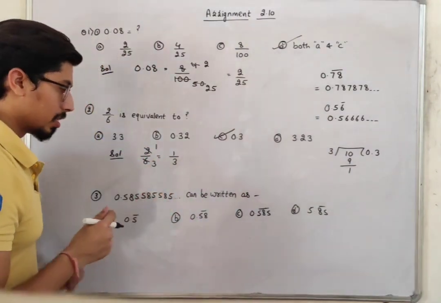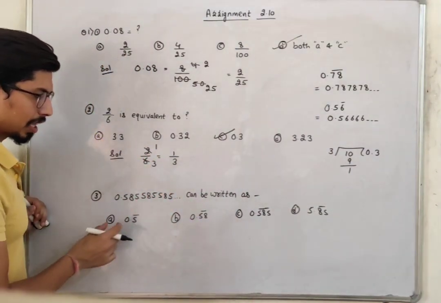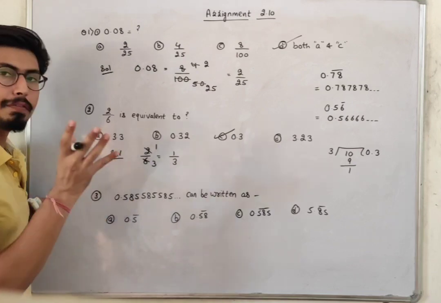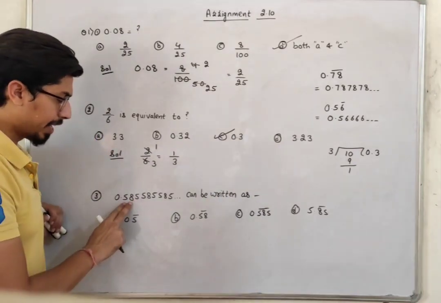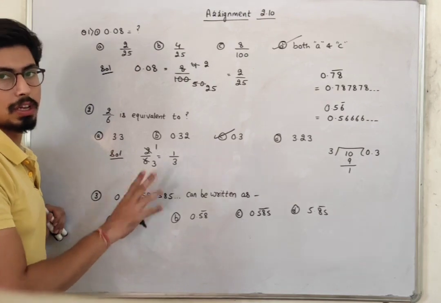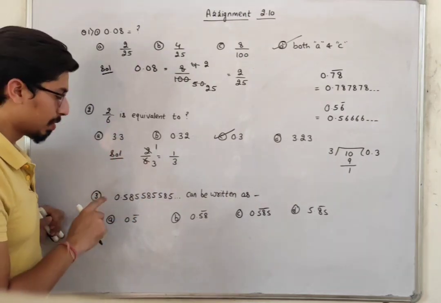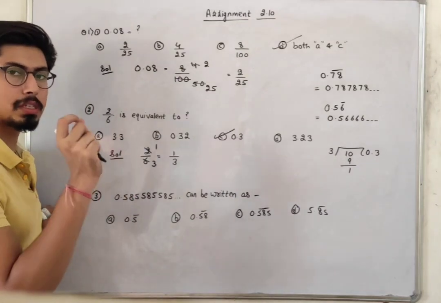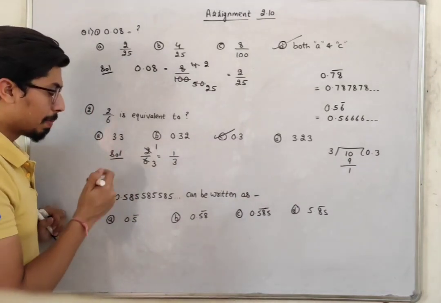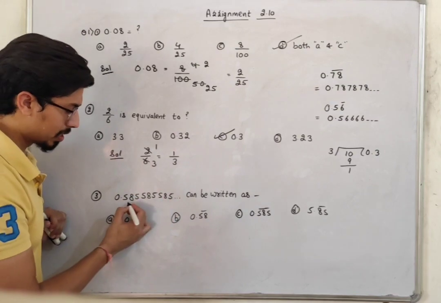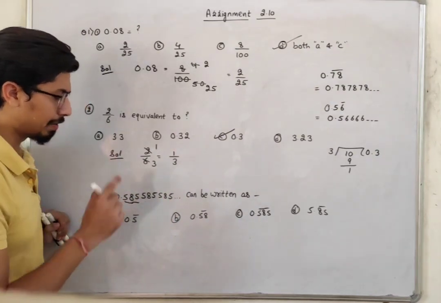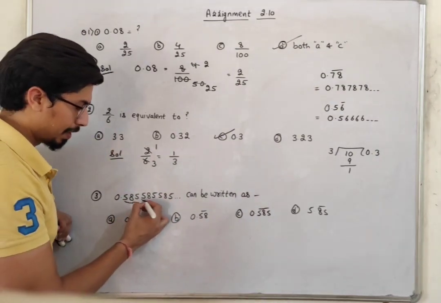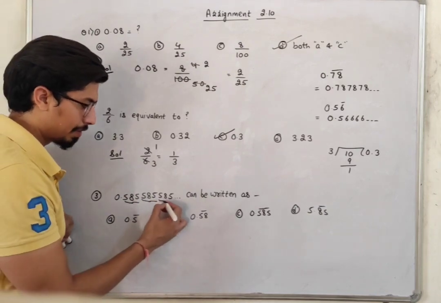Okay. Similarly, students, the repeated number here is, see, find out the pair. If I take 58, but the next is 55, so 58 is not making the pair. If I take 5, the next number is 8, so we can't place the bar over 5 either. But if I take, see, students, it will be 585, 585 and 585.